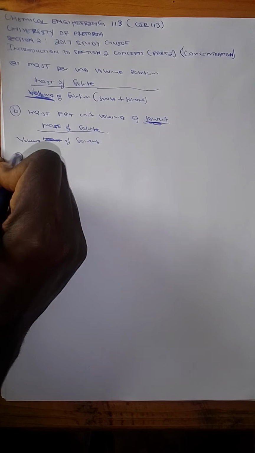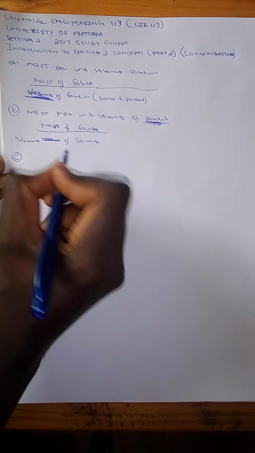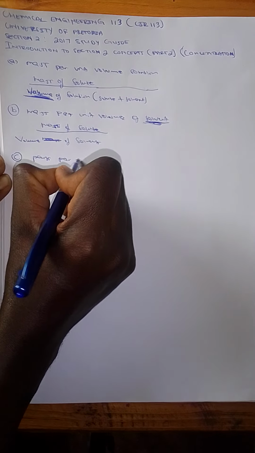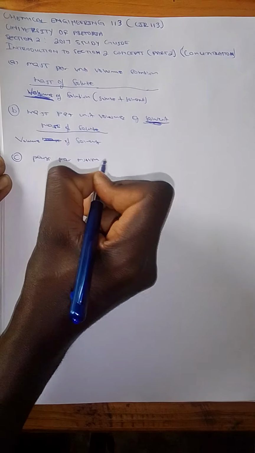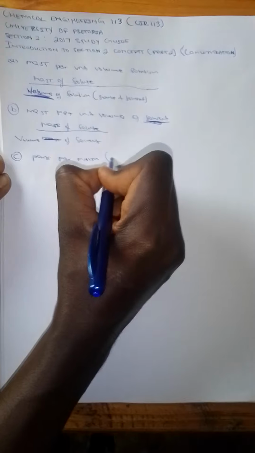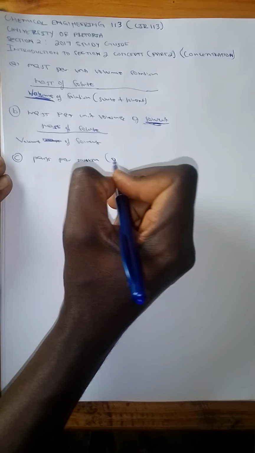Now the third becomes parts per million. Parts per million is always expressed in mass. One thing I need to highlight is that parts per million most of the time works with very low concentrations.